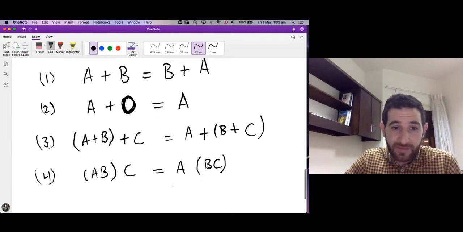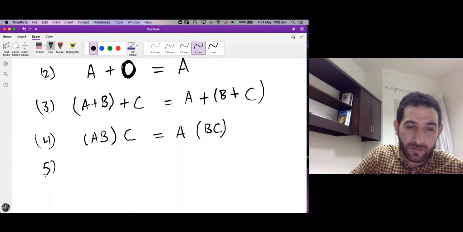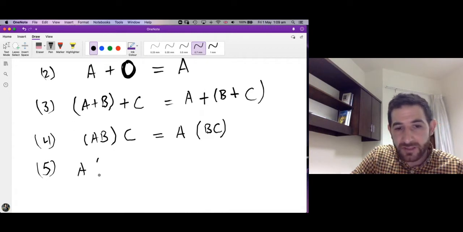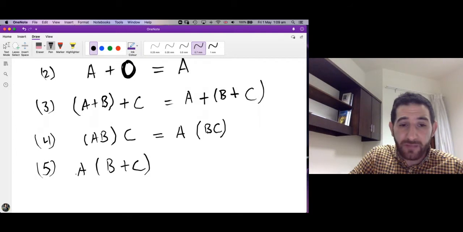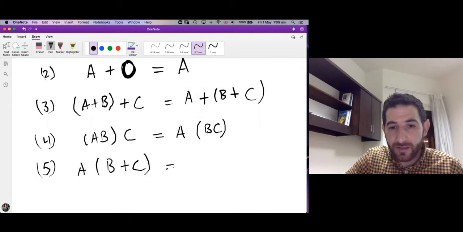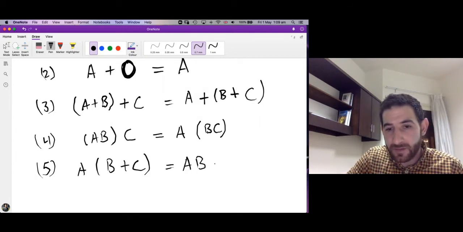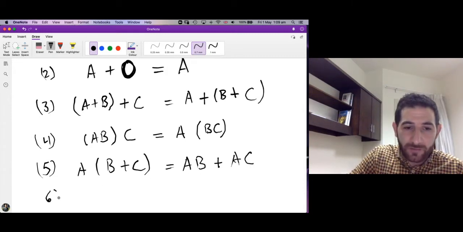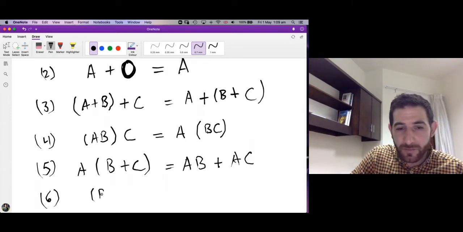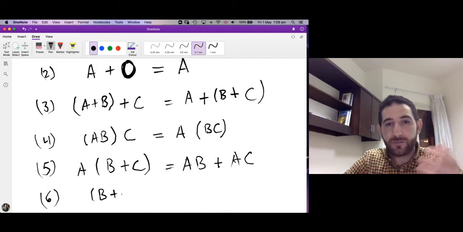What else? We have the distributive property of multiplication over addition. So if you multiply B plus C by A from the left, then you get A times B plus A times C. And if you multiply it from the right, we also have the distributive property. Why do I say from the left and from the right?